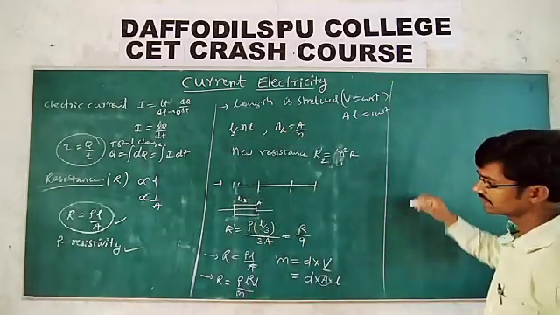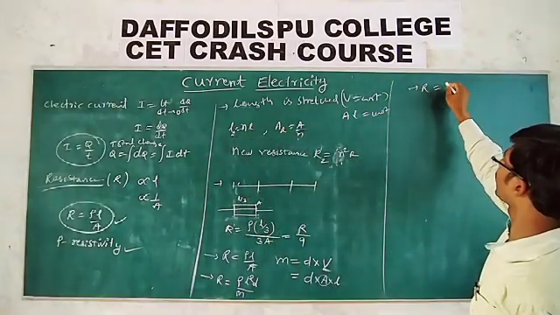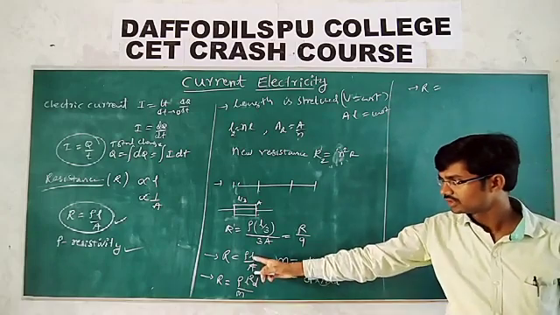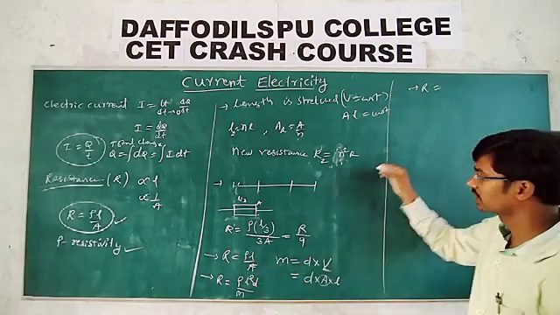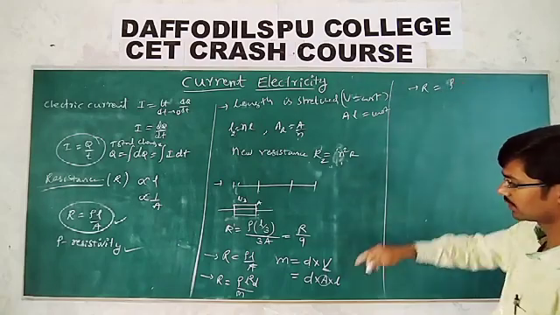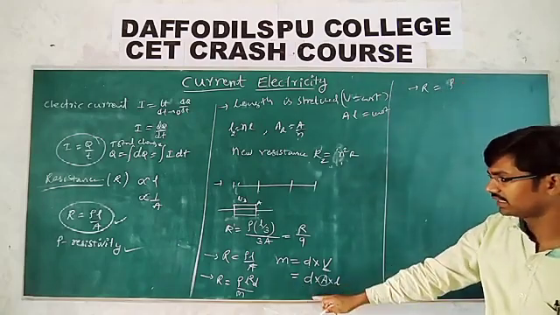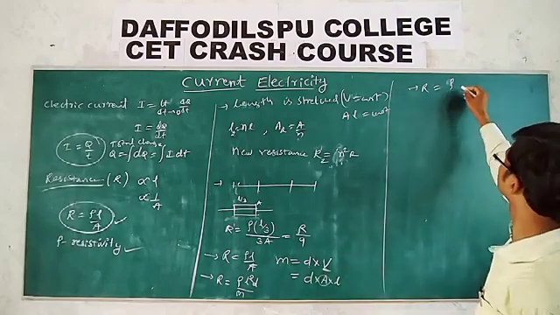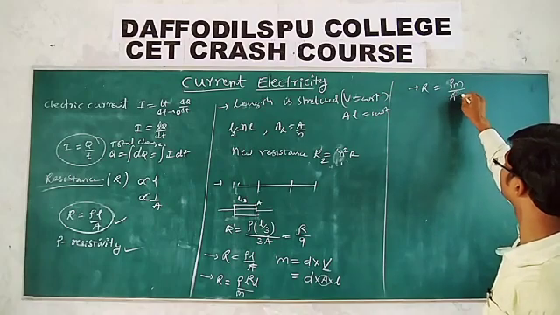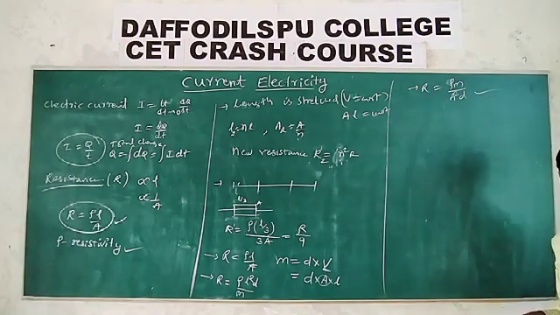Similarly, instead of L you can write m by A d, so we get rho m by A square d.